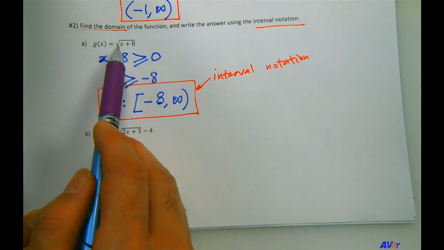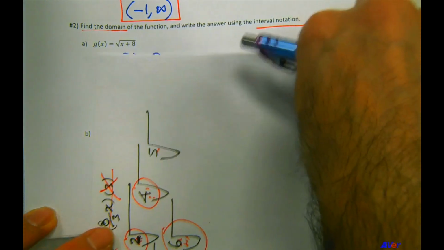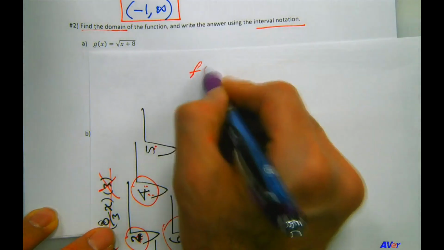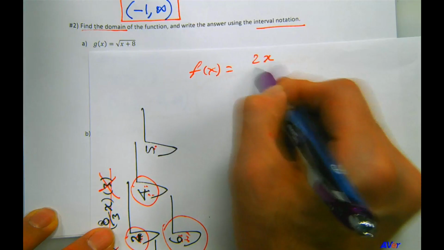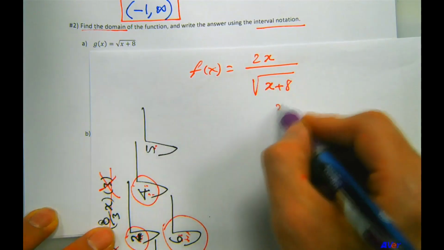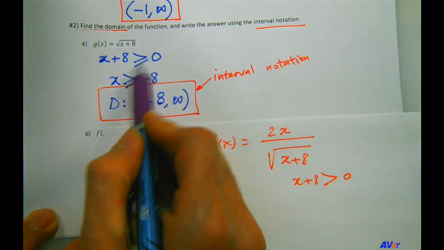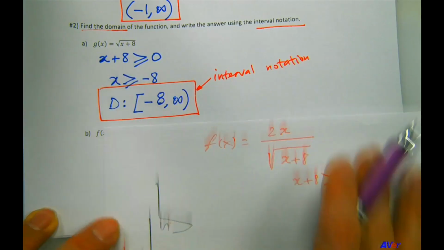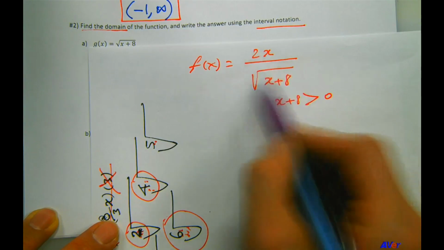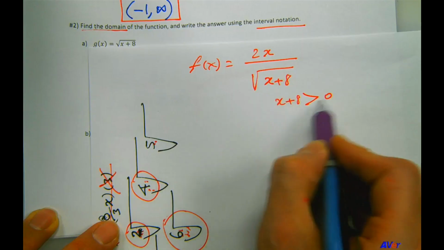Let me bring back my scratch paper. If this expression is the denominator of some fraction, then x + 8 must be greater than 0. We can't say it can be equal to 0 anymore, because this expression is part of a larger expression, a fraction, and the denominator can never be 0.